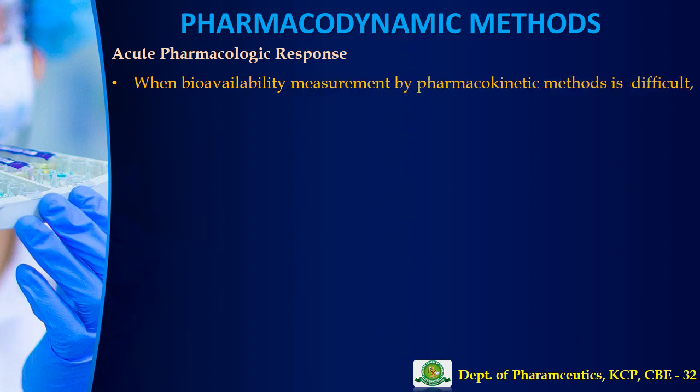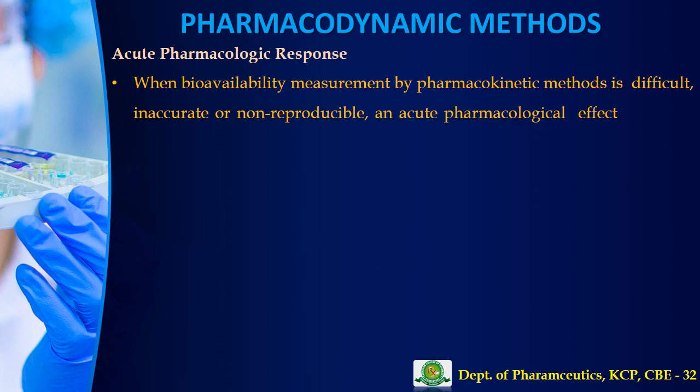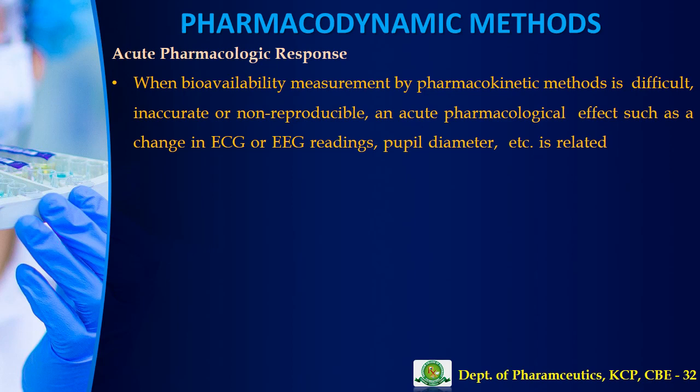When bioavailability measurement by the pharmacokinetic method is difficult, inaccurate or non-reproducible, acute pharmacological effects such as ECG, EEG and pupil diameter can be taken into account, along with the time course of the given drug.